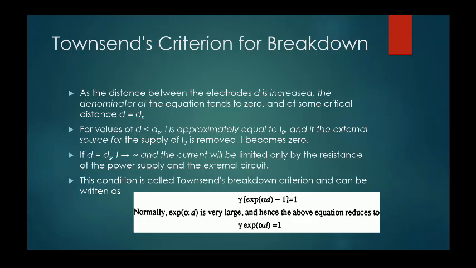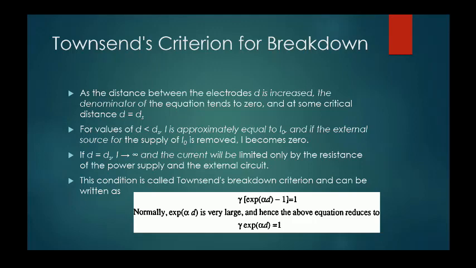Normally exponential alpha d is very large, and hence the equation reduces to gamma exponential alpha d equal to 1. For a given gap spacing and at a given pressure, the value of the voltage V which gives values of alpha and gamma satisfying the breakdown criterion is called the spark breakdown voltage Vs, and the corresponding distance ds is called the sparking distance.